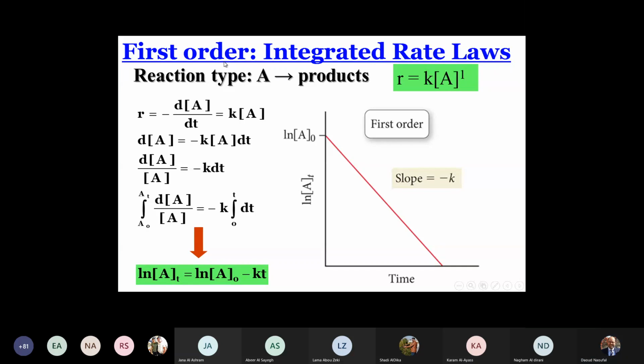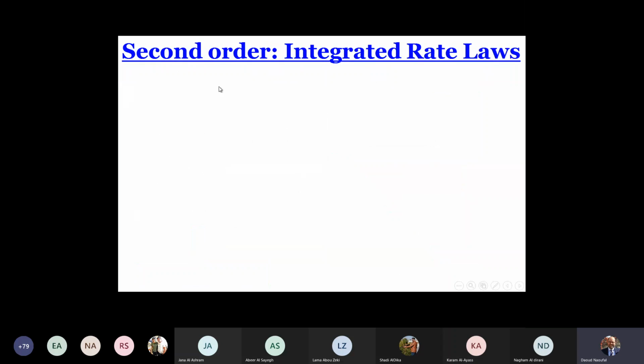Suppose that the variation of ln A as a function of time t is not a straight line, like this curve. So our reaction is not first order. We have to pass to the equation of the second order. Suppose the reaction from A to product is a second order reaction.